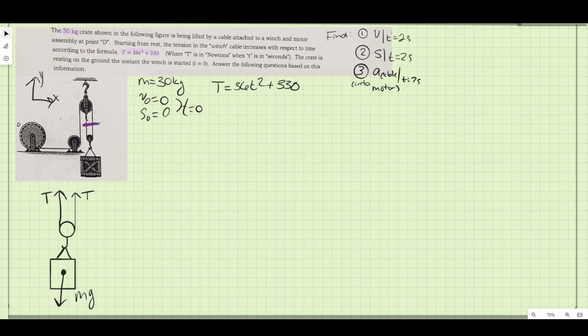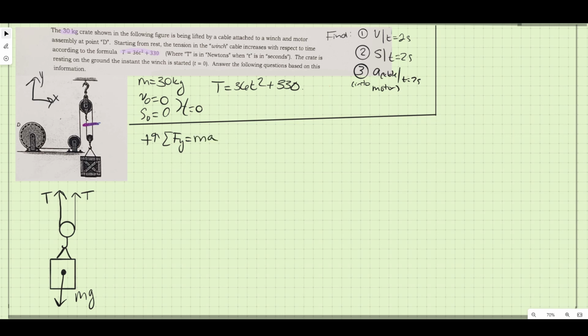And so for our next part, we're going to cross off some workspace here so we're not crossing over our stuff. But we're going to say the sum of the forces in the y is going to be equal to mass times acceleration.